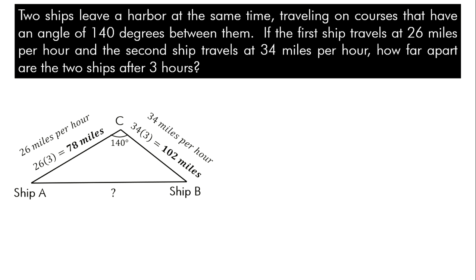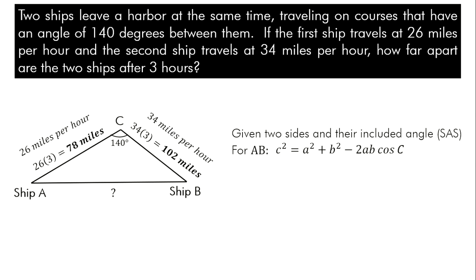Let's identify the distance between ship A and ship B. For us to identify that distance, we need the side C here. So C squared is equal to A squared plus B squared minus 2AB cosine C. Let's substitute.